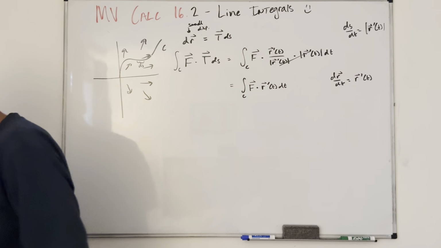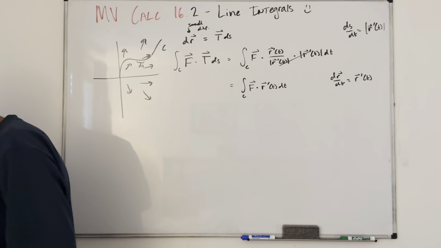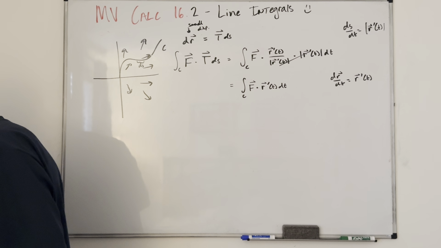Let's do a quick example. I'll do one example because I don't think these are too bad. Let's do this example. I don't want to do integration by parts again.